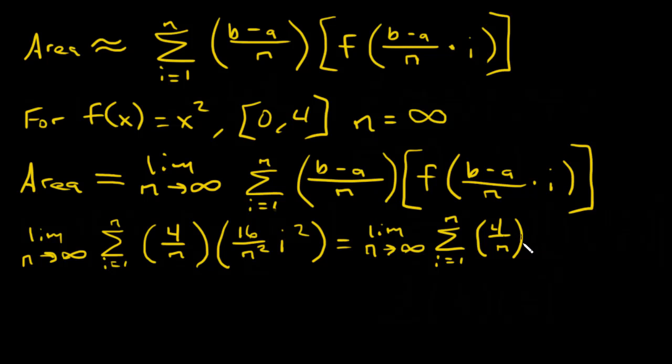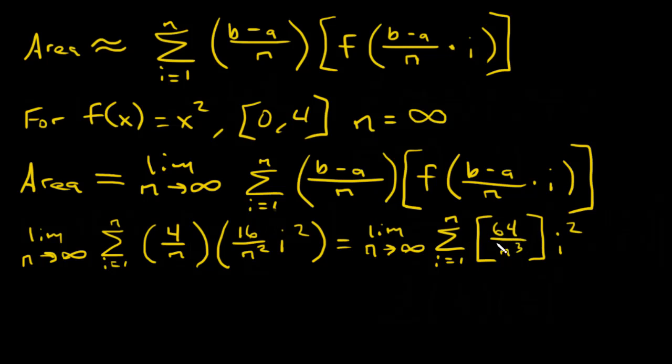Actually, I can save a step here. This is going to be 4 times 16, 64, over n cubed times i squared. n times n squared, n cubed, 4 times 16, 64.